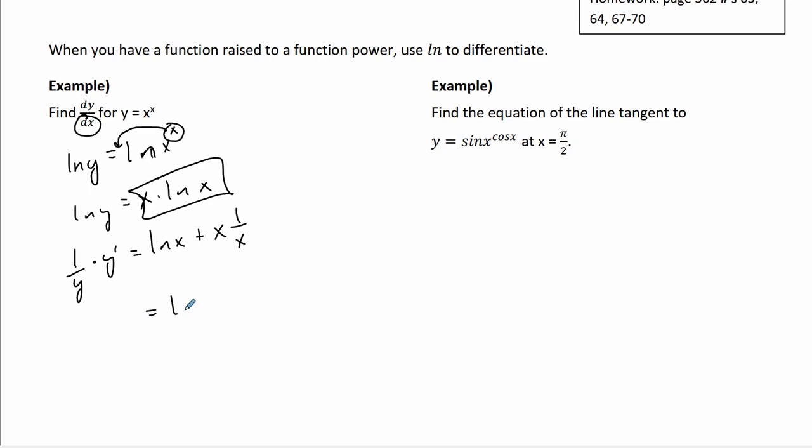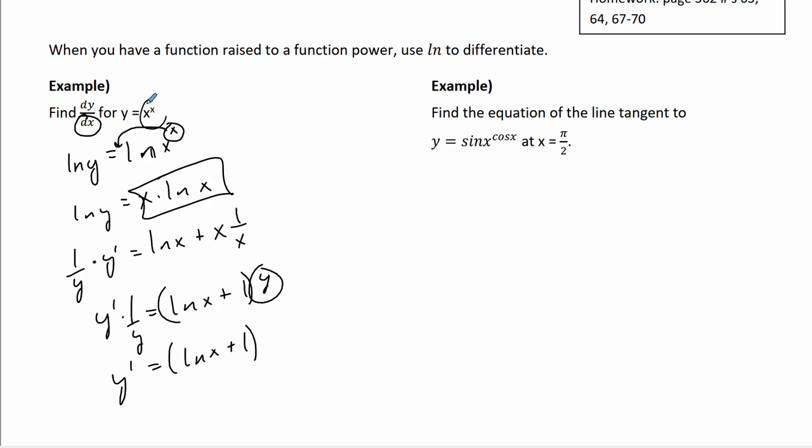That's just equal to ln of x plus 1 is equal to y prime times 1 over y. In order to get rid of the 1 over y, I've got to multiply this side by it. So I get y prime equals the ln of x plus 1 times y. Well, we know y is x to the x, so that is my answer right there: ln of x plus 1 times x to the x.